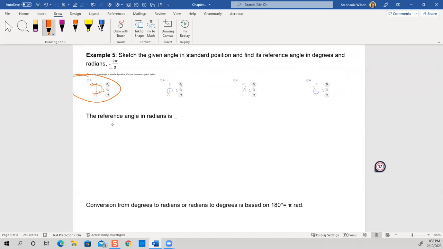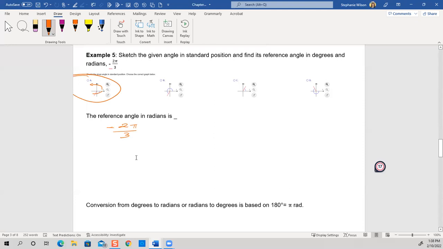And now what we need to do is find the reference angle. I do know that we got 2 pi thirds is what we're working with. We're going to do some math right quick. We can subtract that from pi.